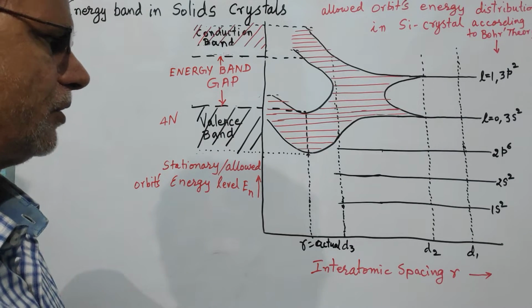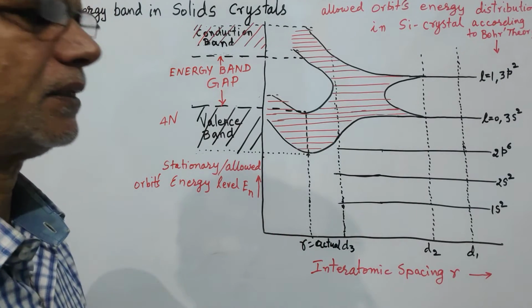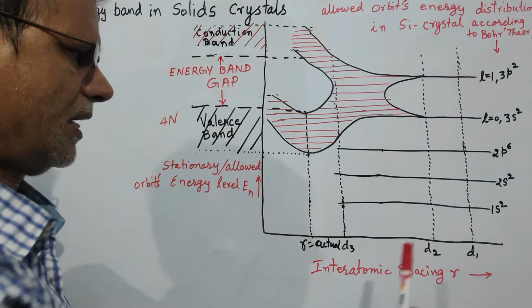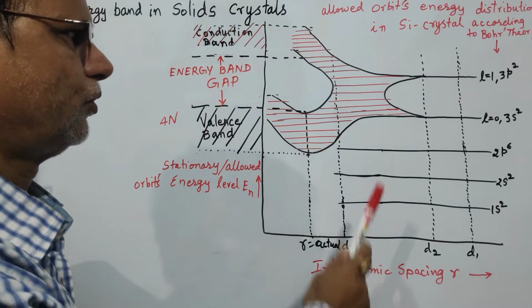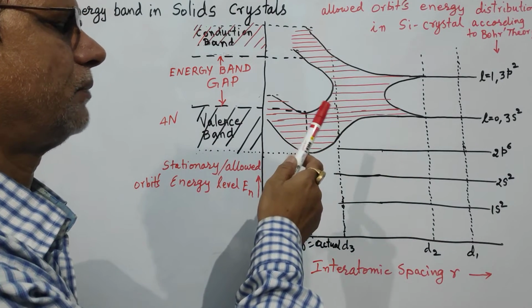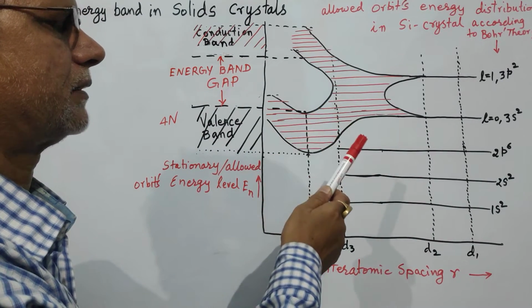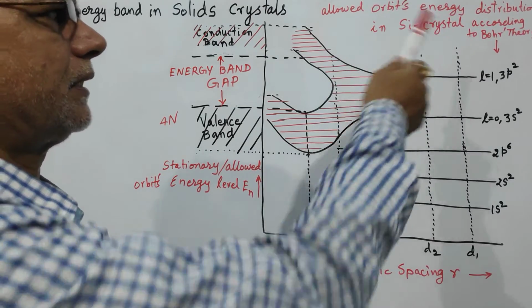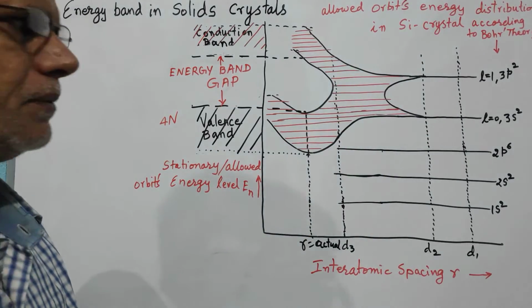But when we talk about the actual separation of the atoms in case of a silicon crystal, as this separation is reduced, the allowed energy levels increase more than what was predicted by Bohr's theory of hydrogen atom.